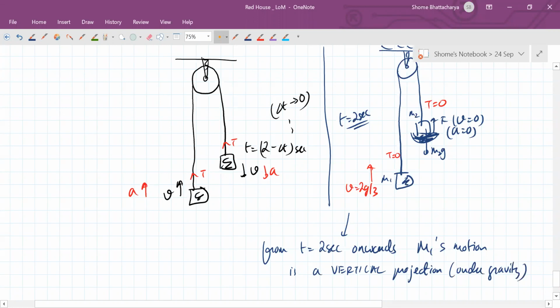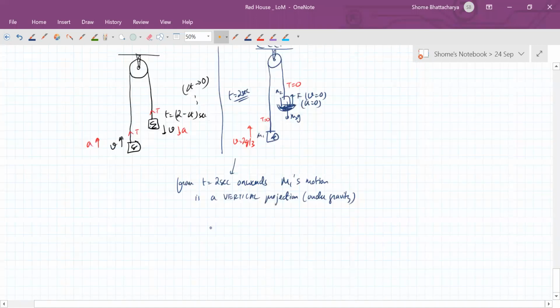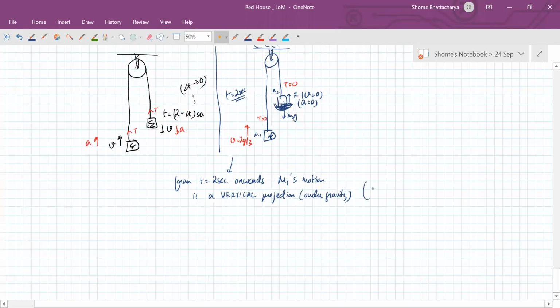Its acceleration is g. Okay, so this is what we have to understand, because the string has become slack. So tension is zero.